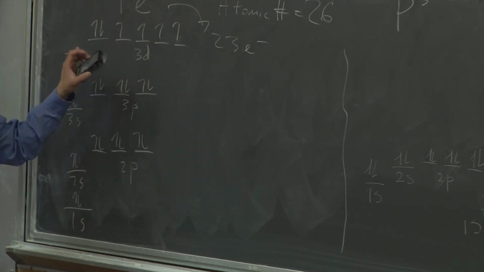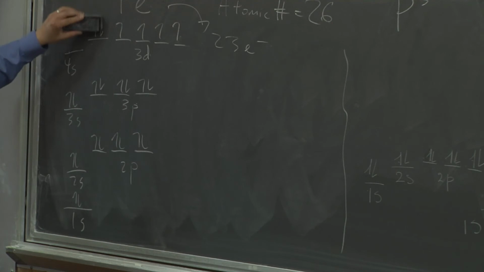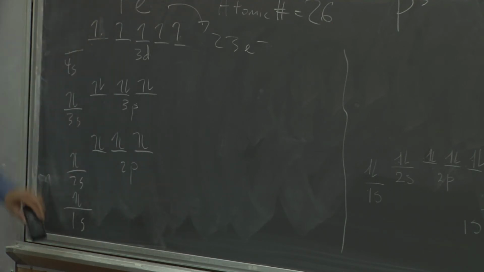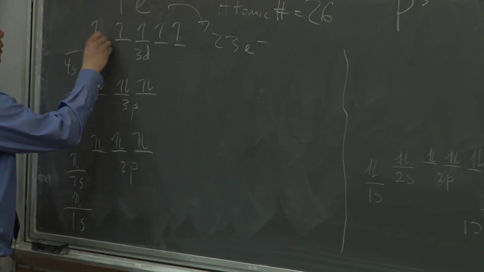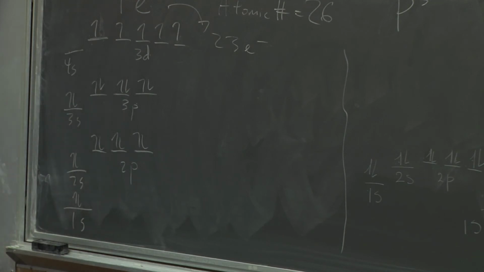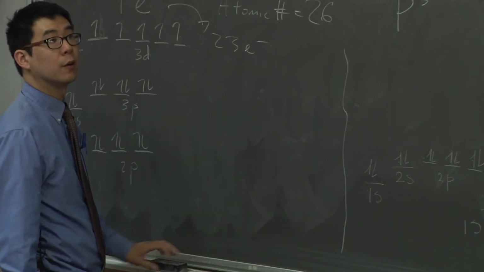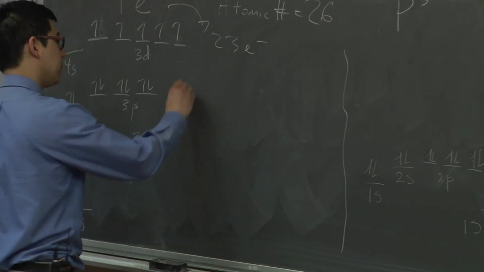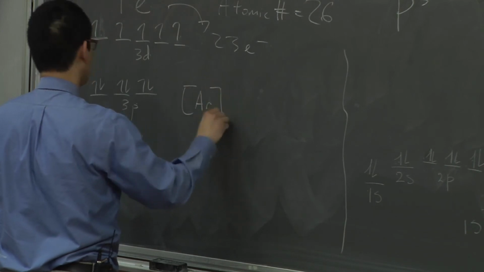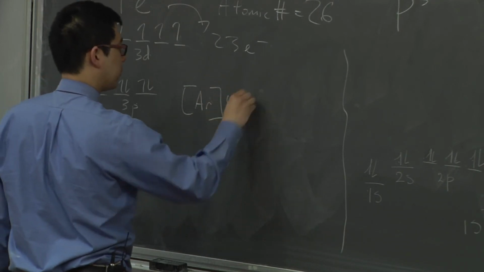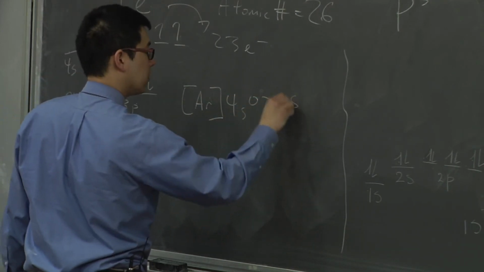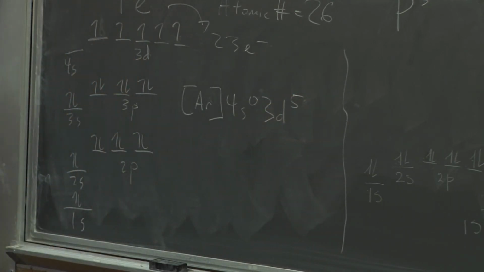Which one is going to come out of the 3d? The one that's doubled. So there you have it. We'll do it abbreviated. The one before iron is argon, right? So argon, and then 4s0, 3d5. Let's take a break.